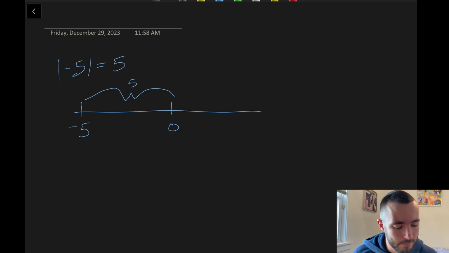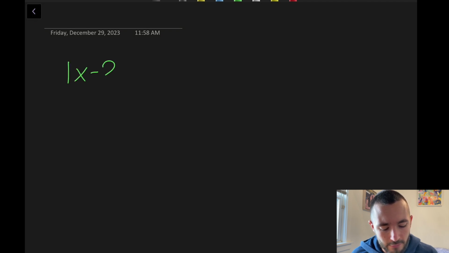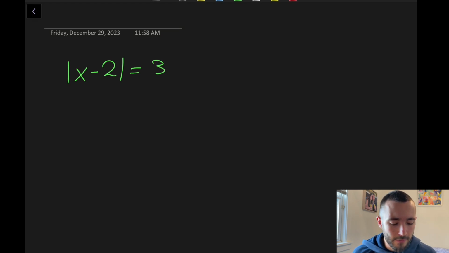Okay, let's do another one. Let's say we have the absolute value of x minus 2 equals 3. Here's how I would read this as a sentence. The distance from 0 of x minus 2 is 3.